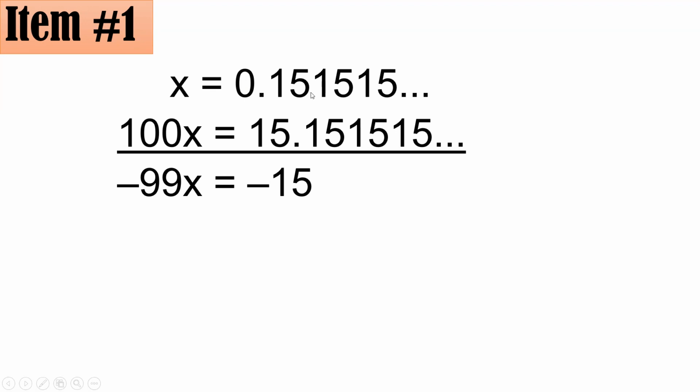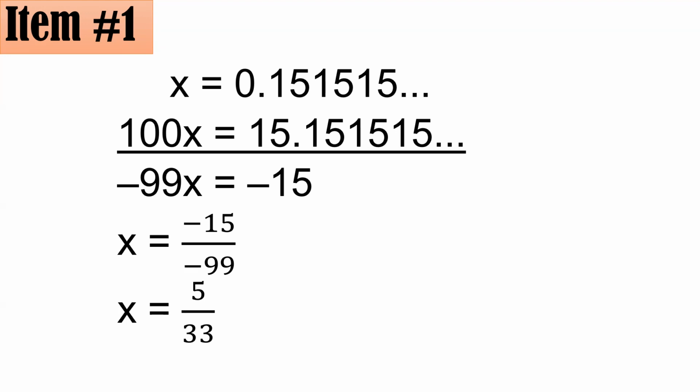The decimal part 0.151515, when you subtract this, becomes 0. That is the purpose of subtracting, so that the decimal part will be removed. So you have negative 99x equals negative 15, and dividing both sides by negative 99 and simplifying, the GCF of 15 and 99 is 3, and that gives us 5 over 33.